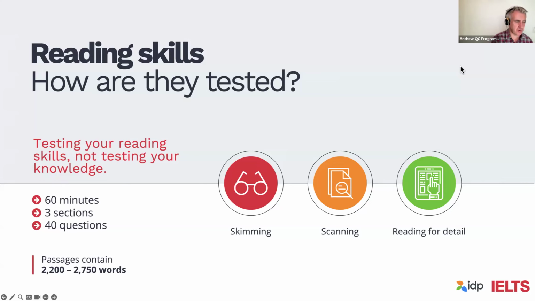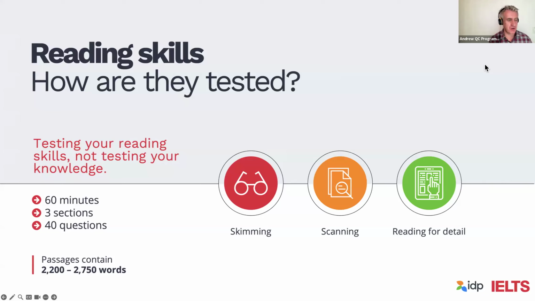Scanning is to locate a specific piece of information, and reading for detail is intensive reading, but they will only ever have to read a part of a passage in detail, right? And this brings us to a common mistake in the reading part of the test: reading the whole text in detail instead of first reading the questions.